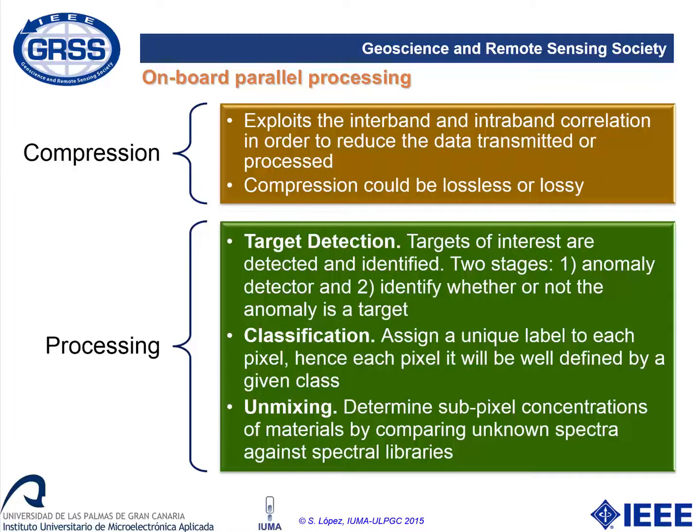Well, if we come to the particular case of applying onboard parallel processing to hyperspectral images, I would say that we have two main possibilities, as I mentioned before. One of them is compression, which could be lossless or lossy, in the sense that we may be introducing losses in the compression procedure. But in any case, lossless or lossy, they are mainly based on the same idea, which is exploiting the interband and intraband correlation in order to reduce the data to be transmitted.